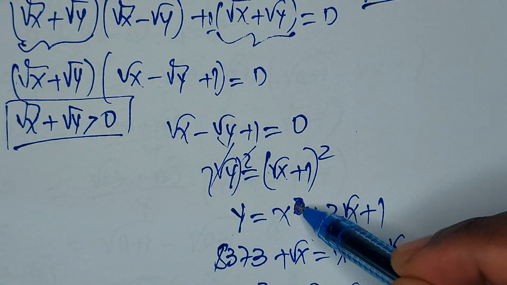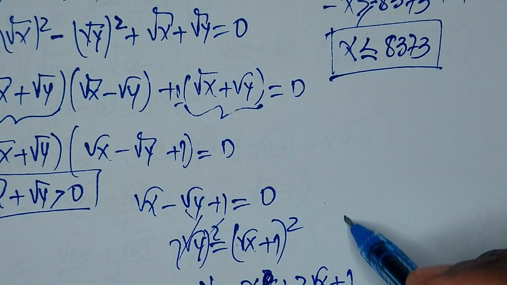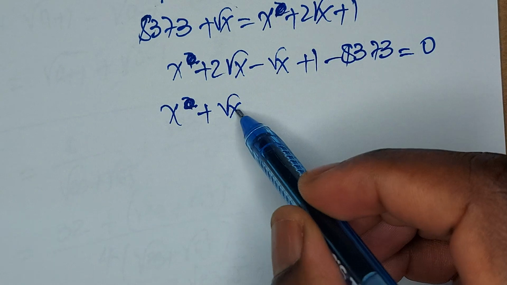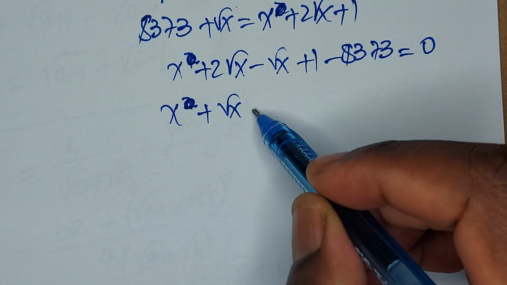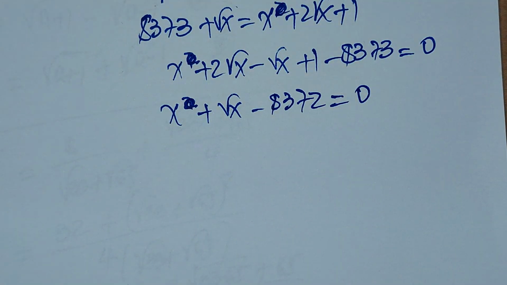Sorry, this is x only, not x squared, because it's the square root of x squared. So x plus square root of x minus 83/72 is equal to 0.